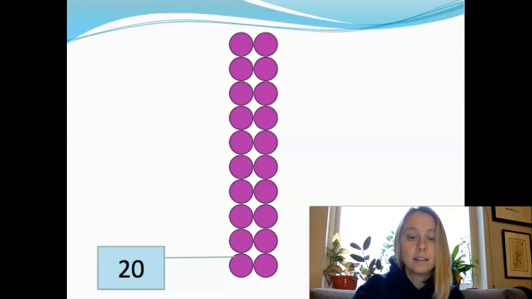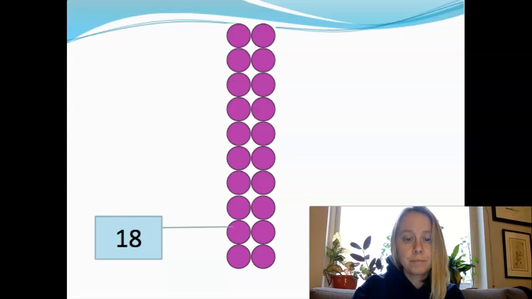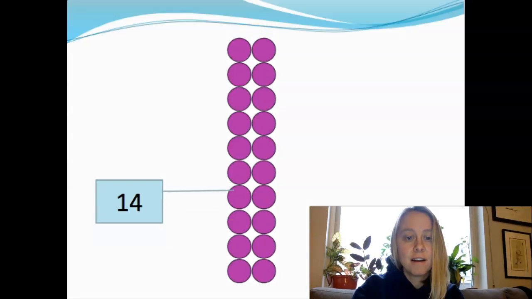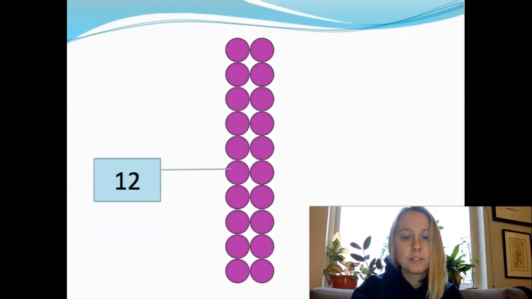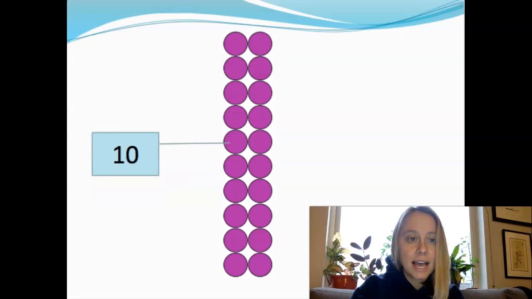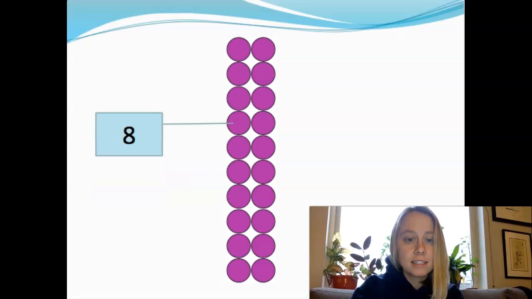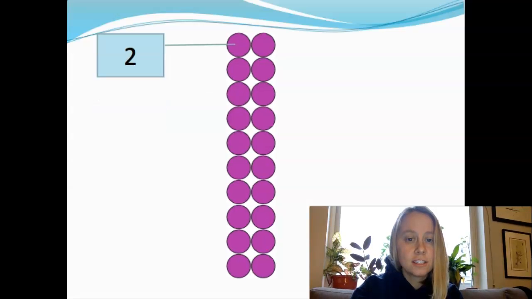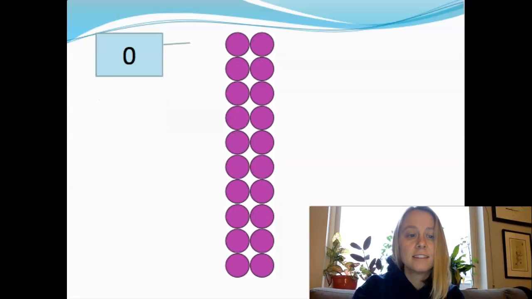So think, when you take 2 away from 20, what do you have? So 20, 18, 16, 14, 12, 10, 8, 6, 4, 2, and 0.